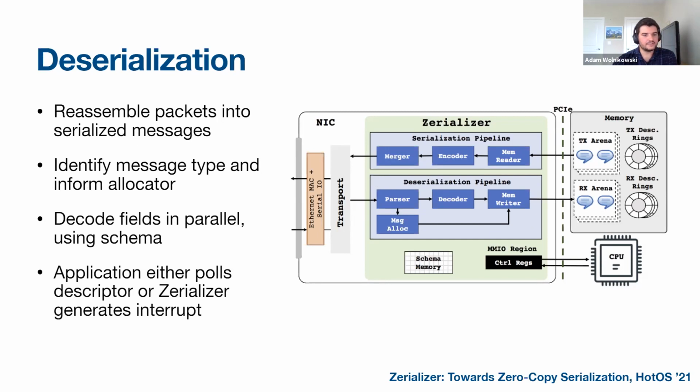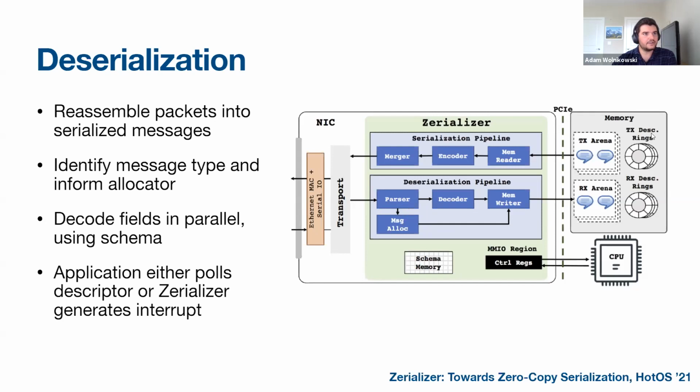The inverse process, deserialization, is similar, but there are some important differences. We begin with the NIC transport layer reassembling the packets into their serialized formats. The parser module identifies the message type and informs the allocator. The big important difference here is that on deserialization, the Zerializer is actually doing all the memory management.